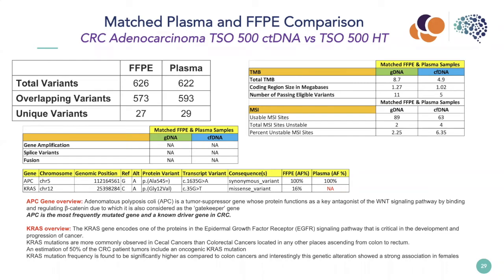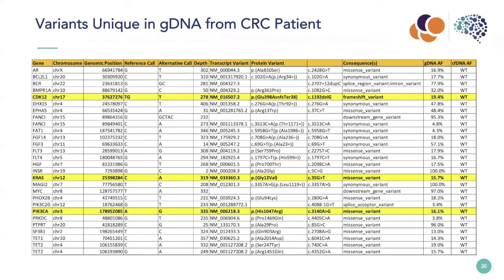If we delve into some of the variants that are unique in the genomic DNA from the colorectal cancer patient, you see some of those. Some key ones are highlighted here, where we see out of the FFPE material, about 20, the allele frequencies shown on the second to last column, and then for the same variant, what we saw in the cell-free DNA.